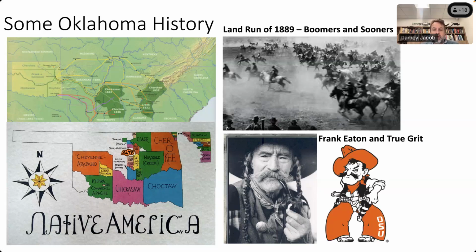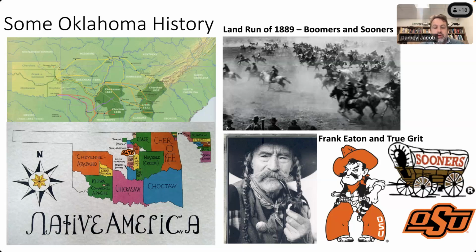So our mascot is one of the few university mascots that's actually after a real life person. The OSU mascot is Pistol Pete. And for the University of Oklahoma, they're called the Sooners, right? Those were the land thieves that essentially jumped the gun, so to speak, to steal plots of land before that cannon went off.